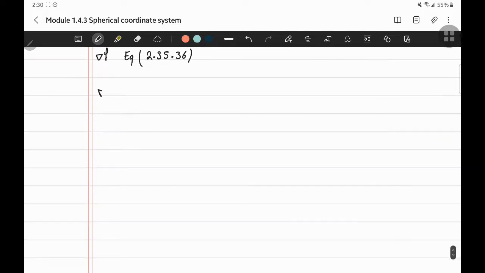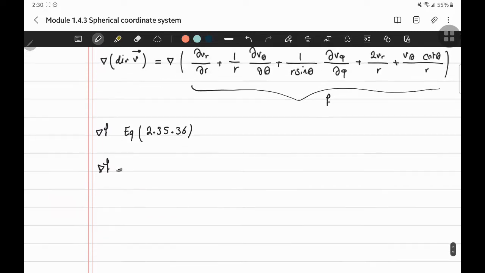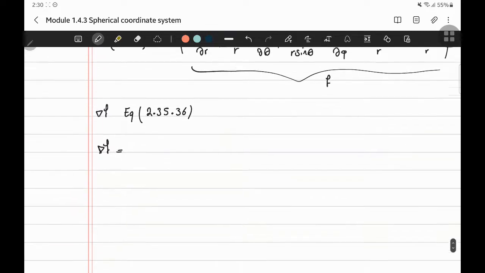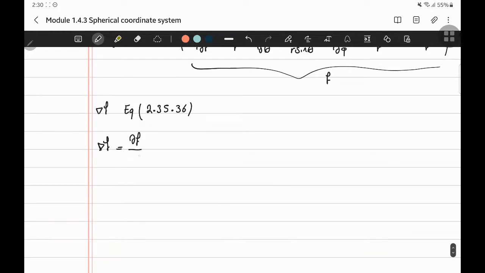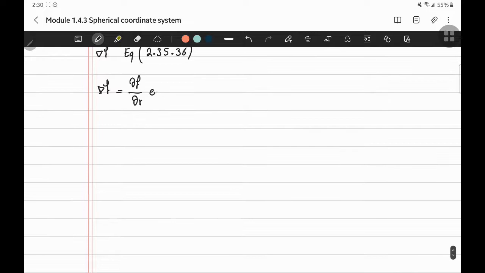So del f from this equation is equal to the partial derivative of f with respect to r, er, plus 1 divided by r, partial derivative of f with respect to theta, e theta, plus 1 divided by r sine theta, partial derivative of f with respect to phi, e phi.